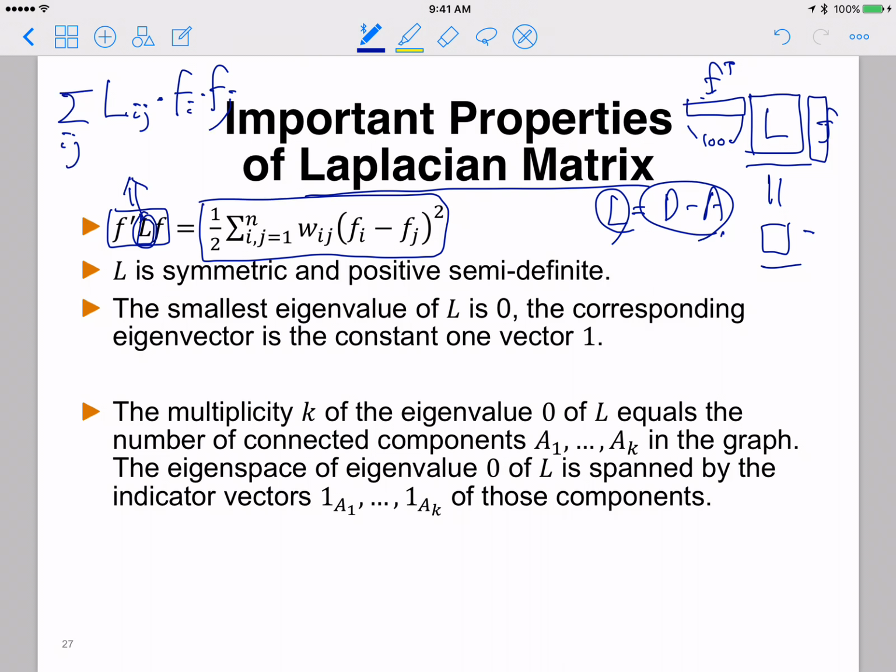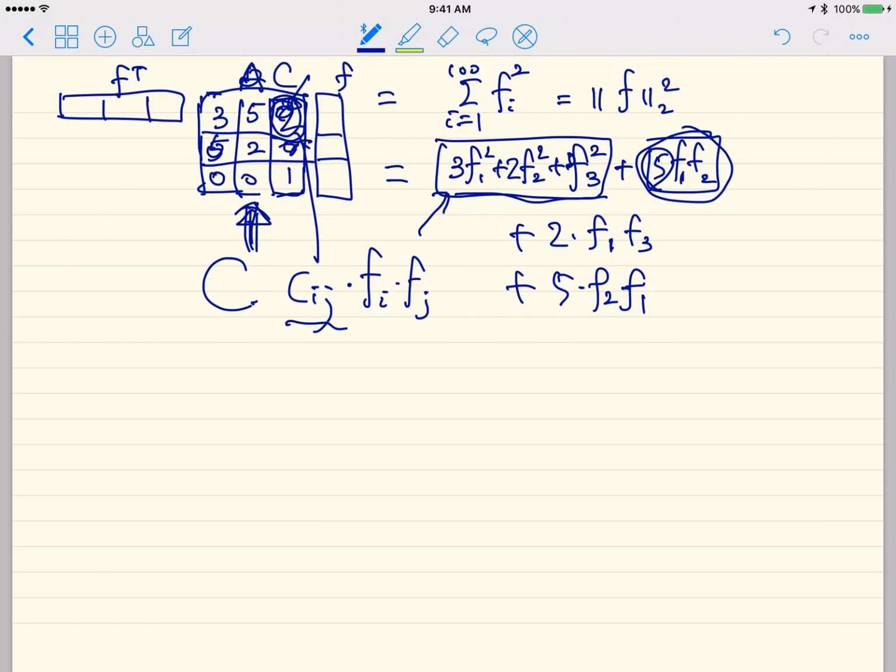So this is the expression for this, right? So far this guy is just the same as this guy.